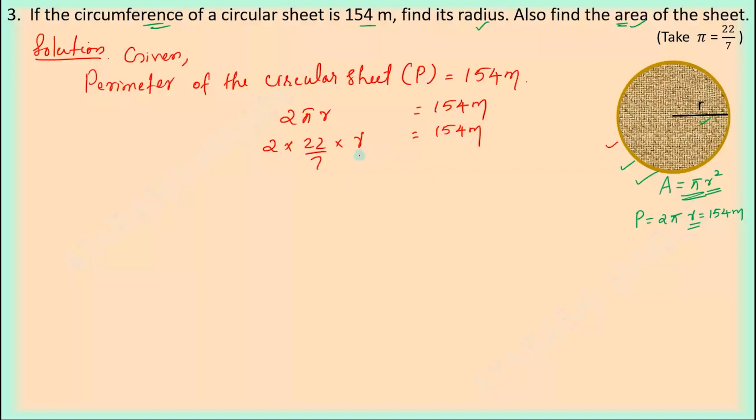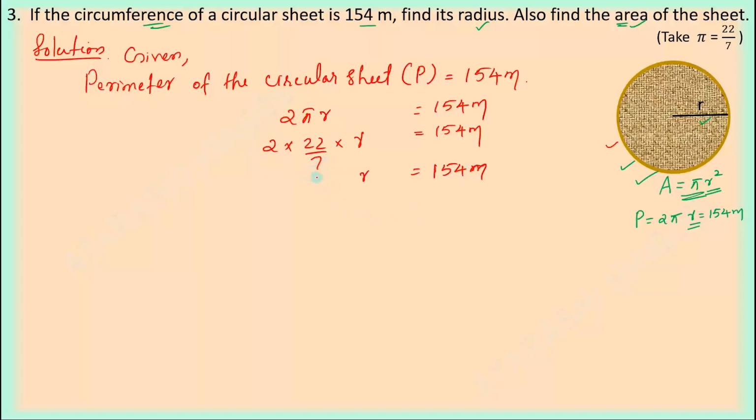Now we have to get r alone here. So we have to take 22 by 7 and 2 from LHS to RHS. This is LHS and this is RHS. So we can write r equal to, first write 154 meter.